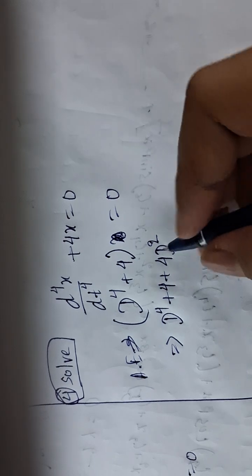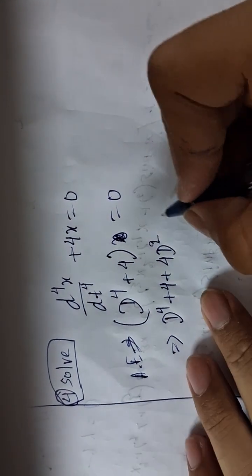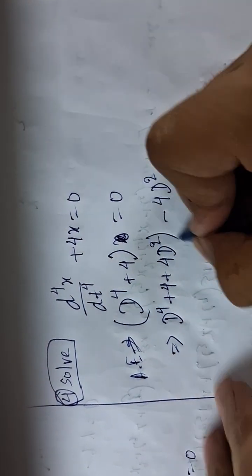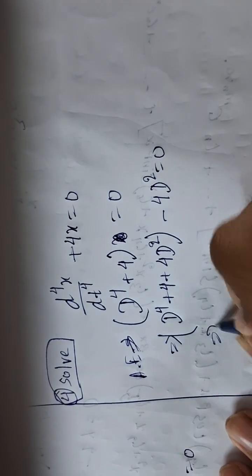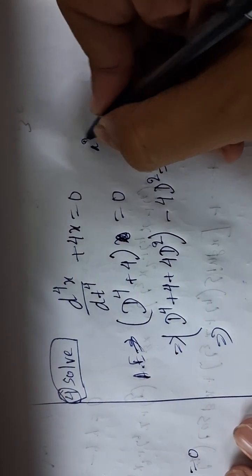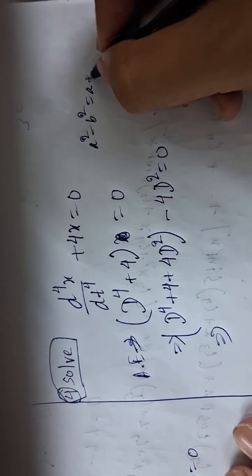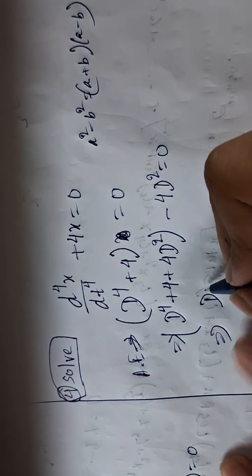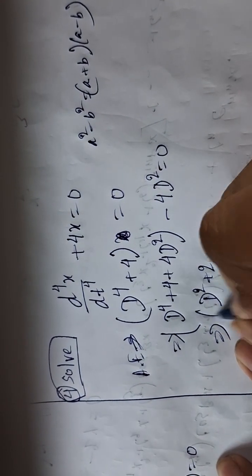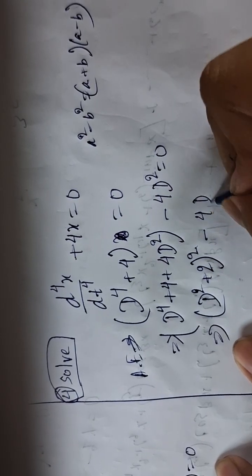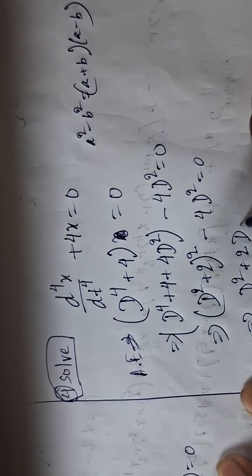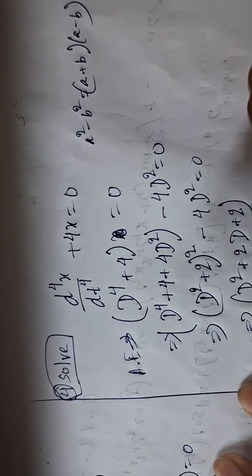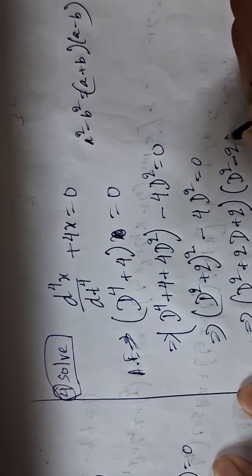So this is the auxiliary equation. Now D to the power 4 plus 4D square minus 4D square equals 0 we can write. Now we will split this using the formula a square minus b square equals a plus b into a minus b. What we will get is D square plus 2D plus 2 into D square minus 2D plus 2 is 0.